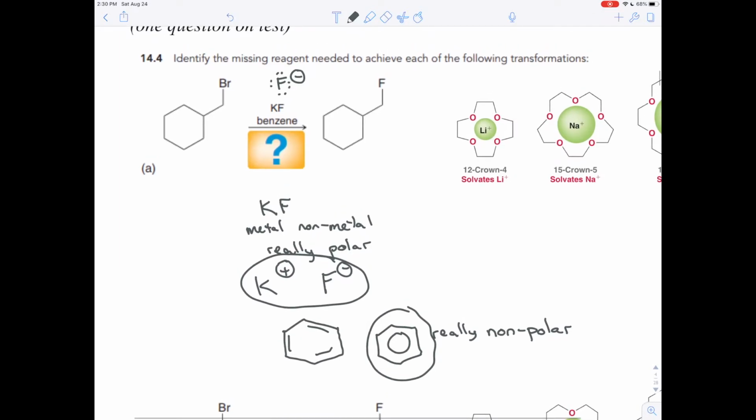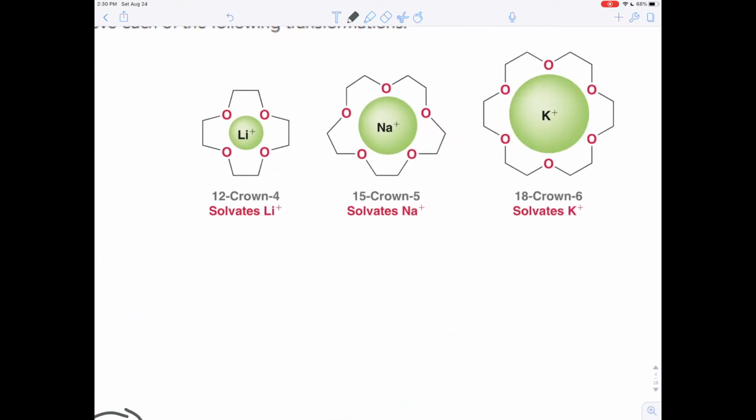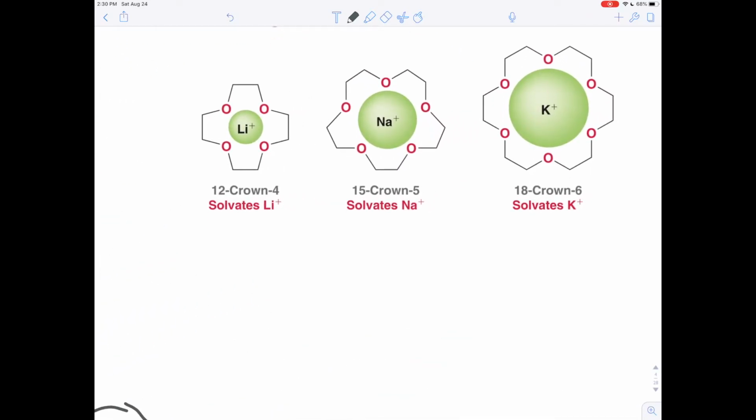So in order to get this fluorine by itself so that it could attack the carbon, we need to coax the potassium away. You would do that with these things called crown ethers. Crown ethers are polyethers, so you've got lots of these oxygens bonded to carbons on both sides of them.